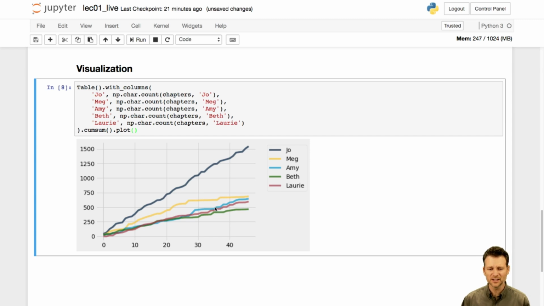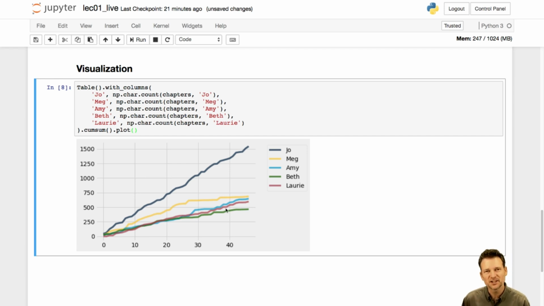And if you look closely, the blue line next to it wiggles the same way. When Laurie's line goes up, the blue line goes up. And when Laurie's line is flat, the blue line is flat. What does that mean? Laurie and the blue line are sort of appearing together in the same chapters. Who's the blue line? The blue line is Amy.